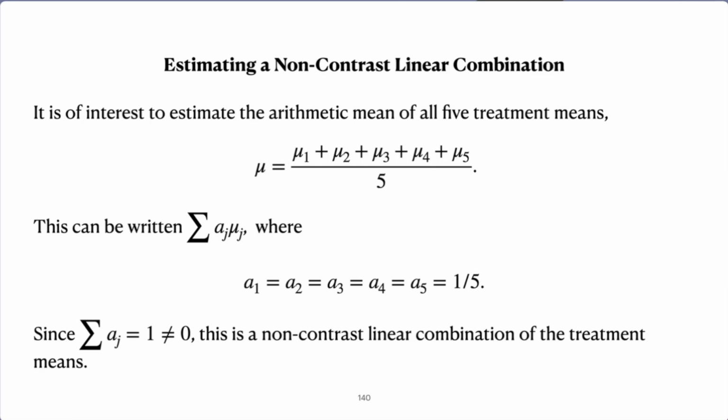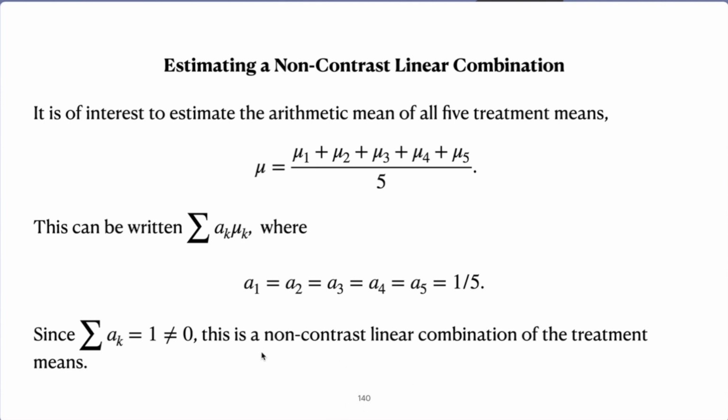We've been working primarily with the means model representation, but the effects model representation is typically used in software like SAS. We want to estimate the arithmetic mean of all 5 treatment means. This is a linear combination, and it can be expressed this way, where each of the A's is equal to 1/5.